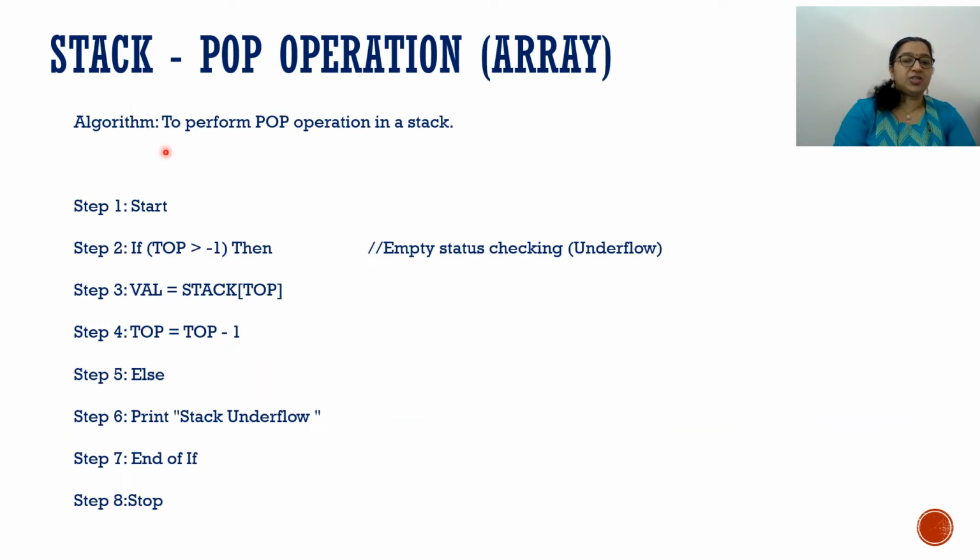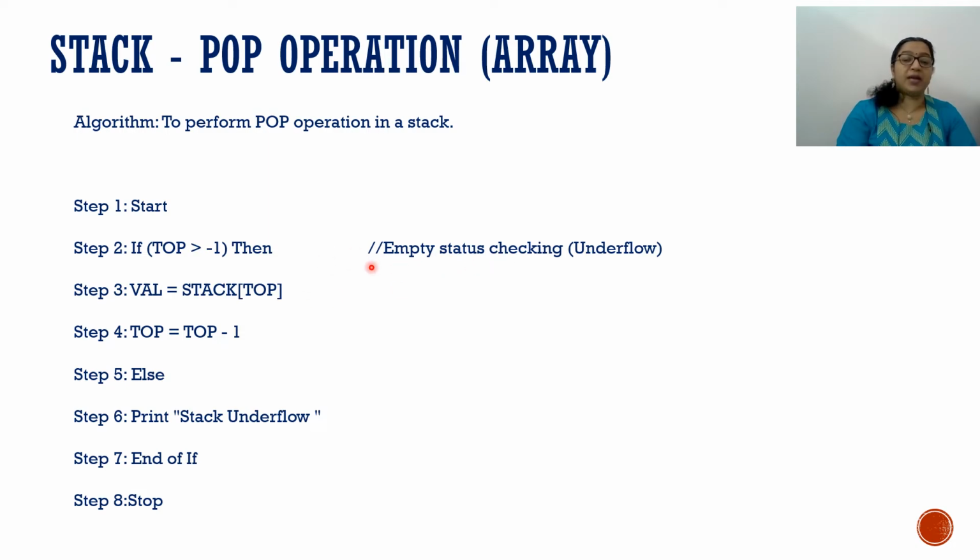So how to implement the algorithm, how to perform this pop operation in stack? Let us check. Step 1 is stack. Step 2, if top greater than -1. Why are we checking greater than -1? If top is focusing on a position greater than -1, that means the array is not empty now. There are elements in the array.